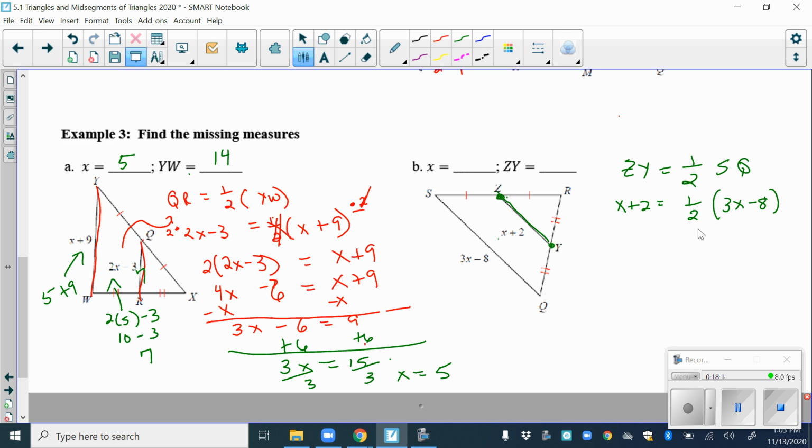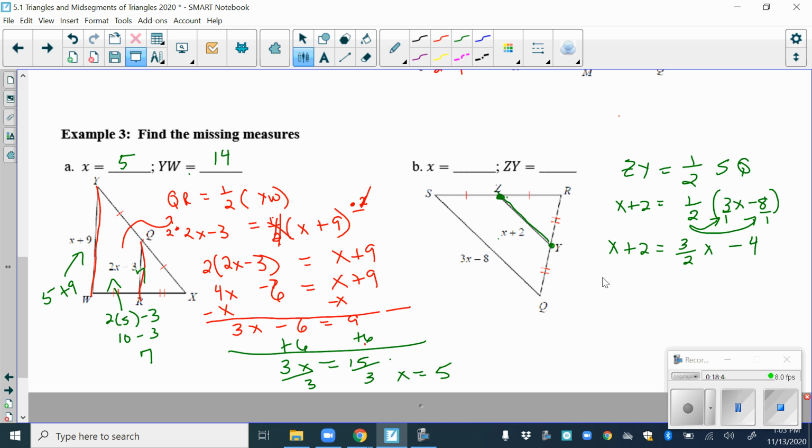This time I'll just do this one using the distributive property so you can see how that works with fractions. x plus 2 equals, well, 1/2 times 3 would be 3/2. 1 times 3 is 3, 2 times 1 is 2. 3/2 x. 1/2 times -8 would be -4, because you have to put 8 over 1. 1 times 8 is 8, 2 times 1 is 2, 8 divided by 2 is 4.